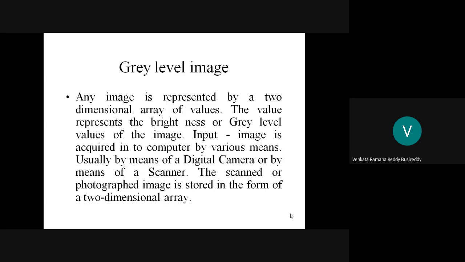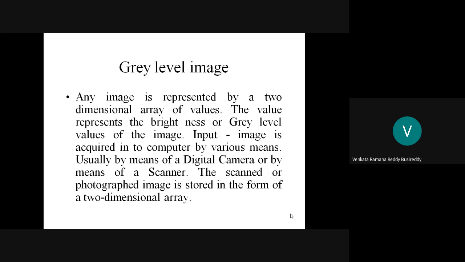This you can acquire in different ways and means, naturally, digital camera or scanner, that we can store in a 2-dimensional array. Finally, I will show some of the images, how we are going to use our digital image processing programming, and how we get the outputs at the end.